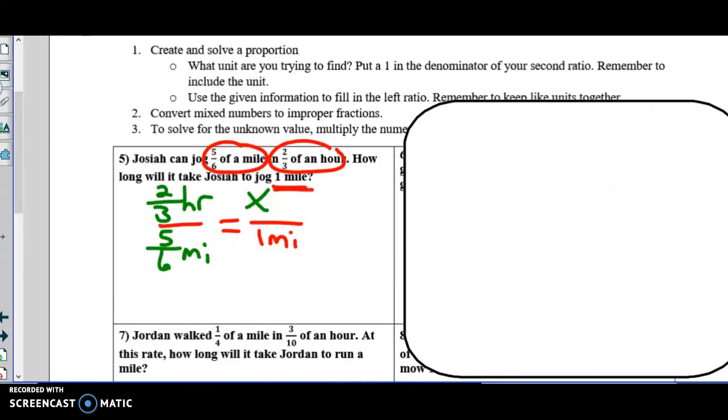So over here, my reciprocal is 6/5. When I multiply 2 times 6, I get 12. 3 times 5 is 15. And I can simplify that to 4/5.